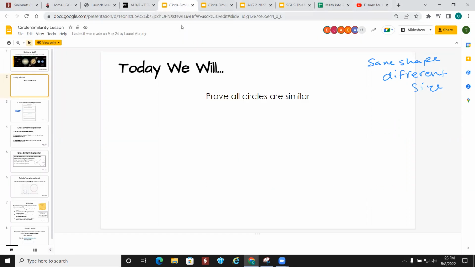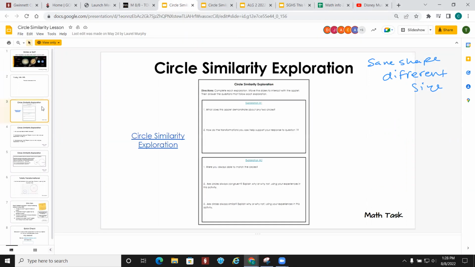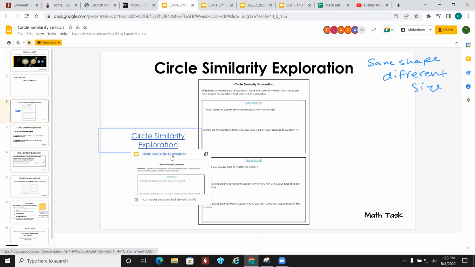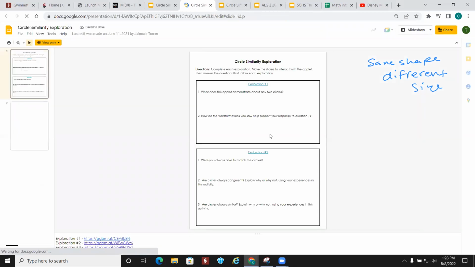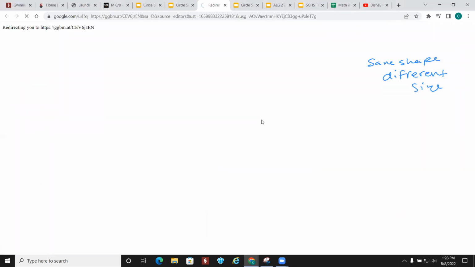All right. On your computer, you have access to this presentation slide. I want you to open up this document. This is on slide 3. We're going to answer these questions on our piece of paper, but we're going to use this little exploration tab right here.